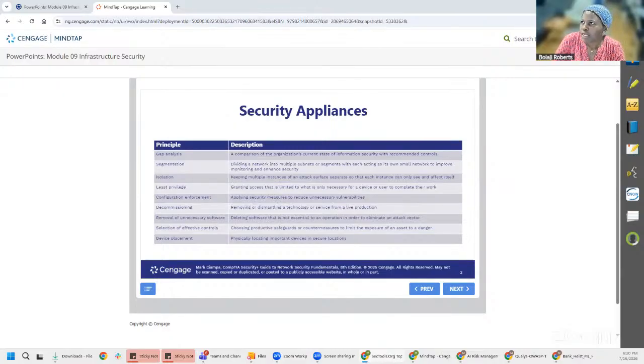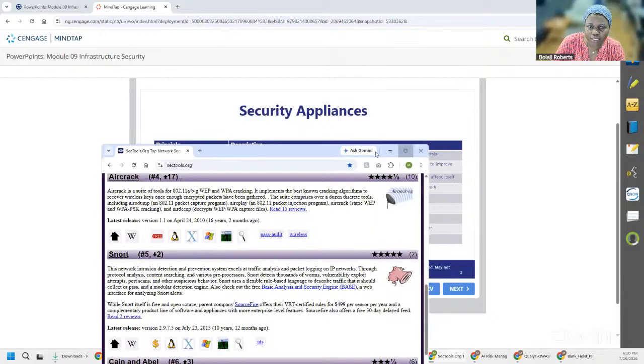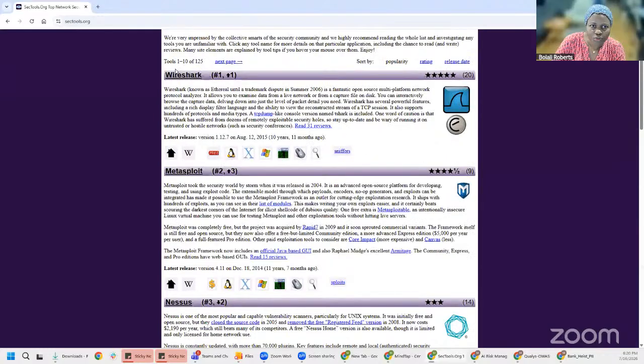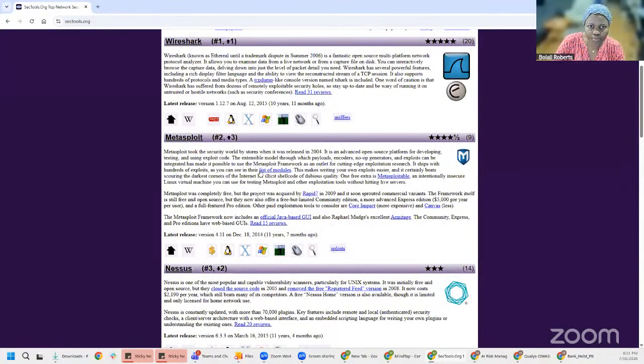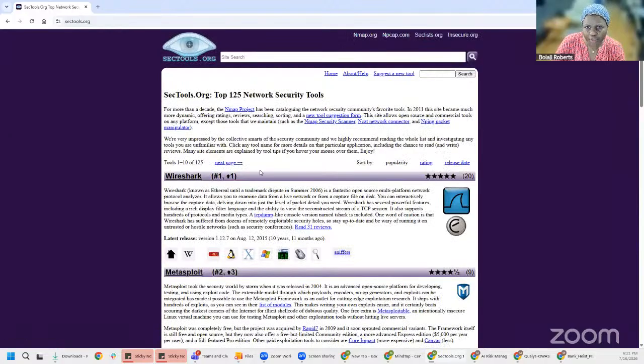You have Cain and Abel. So I put the link in the chat, but here it is. If you go to sectools.org, you'll see all the tools. I'm sure that there will be a more recent one.